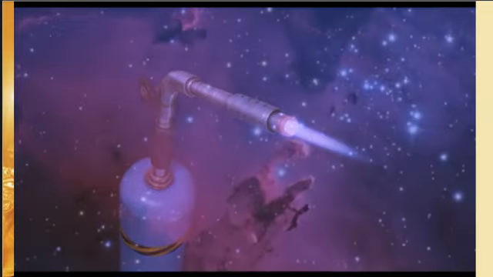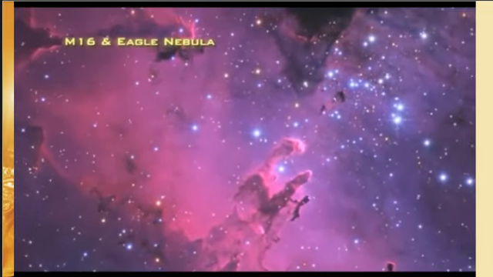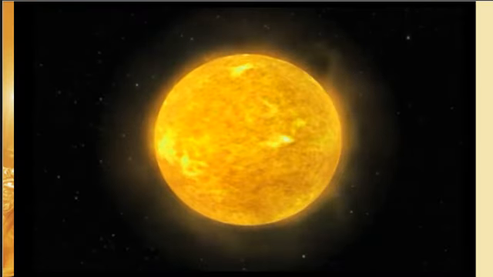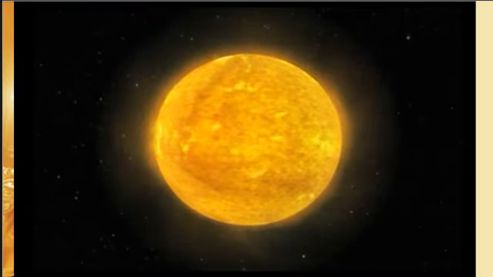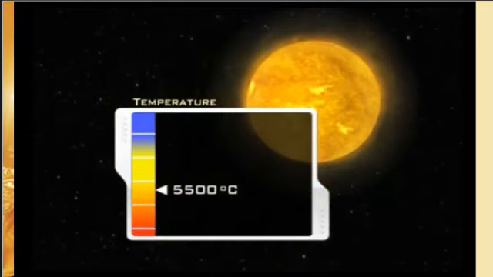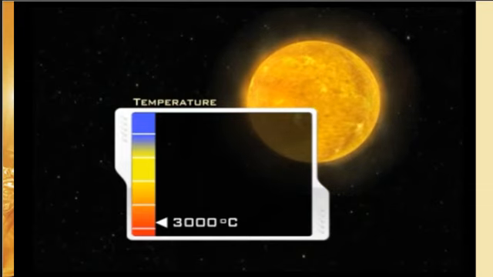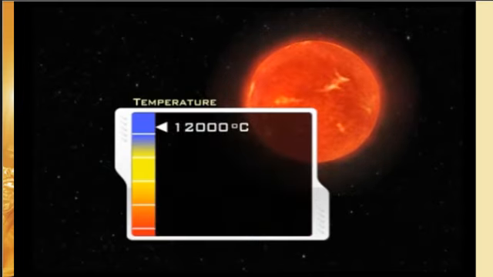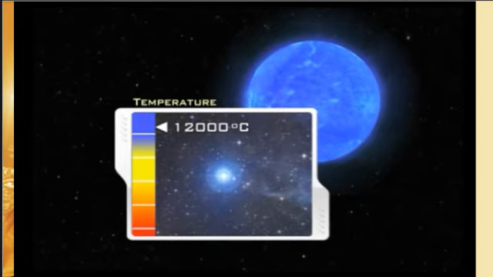In the same way, the color of stellar objects tells scientists much about their temperature. Our sun produces more yellow light than any other color because of its surface temperature. If the sun's surface were cooler, say 3,000 degrees Celsius, it would look reddish, like the stars Antares and Betelgeuse. If the sun were hotter, say 12,000 degrees Celsius, it would look blue, like the star Rigel.